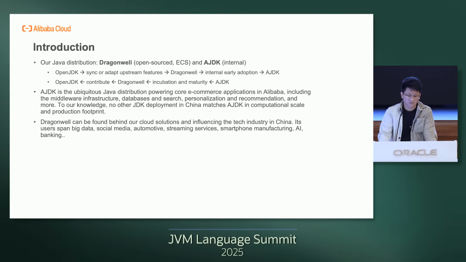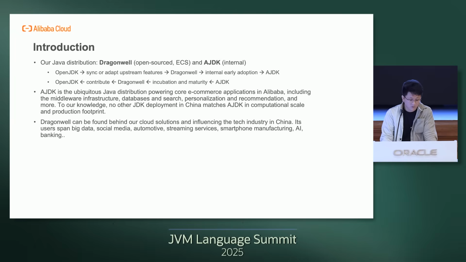Basically, we adopt the newest features and use them internally. From our special workloads or from our customers, we find special needs, and then we create our own features. If we find that these are solving more common problems, then we might consider contributing them back to OpenJDK.